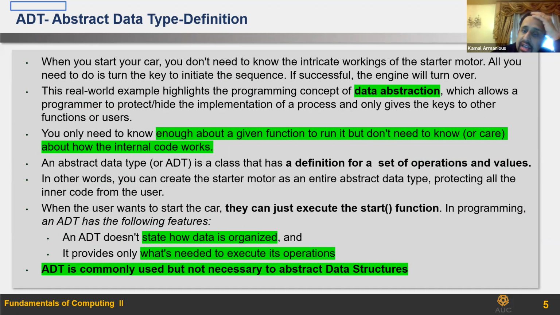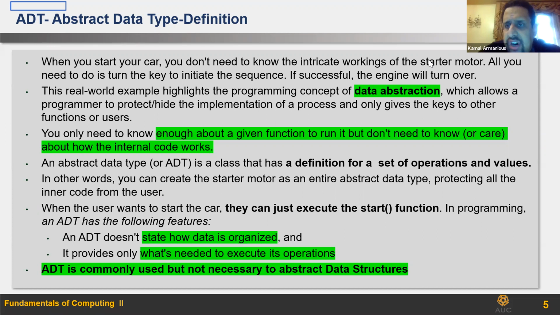So the header file is what is called an abstract data type. And there are three words: abstract, data type. And abstract means it's just providing a definition for the function.